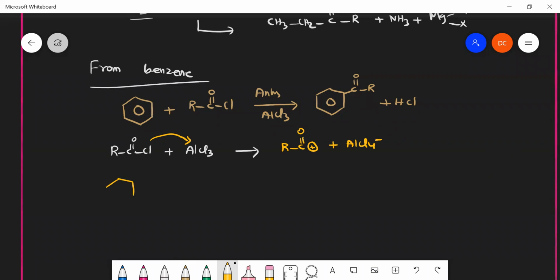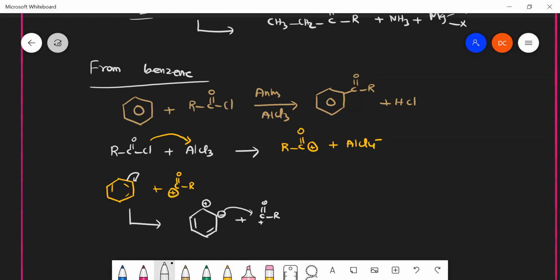Now R-C double bond O plus is going to react with benzene. As we know, this bond breaks very easily to form these kinds of resonating structures. So here negative charge, here positive charge is there. This negative will go and approach the C double bond O R plus. Then my product will be like this, with C double bond O R.